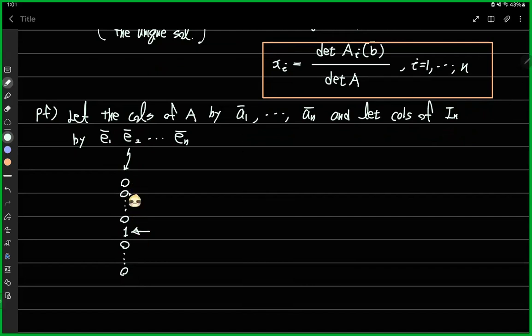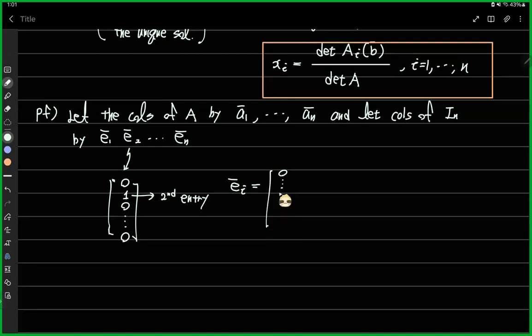All the entries in the column vector are 0 except for the second entry, which is 1.